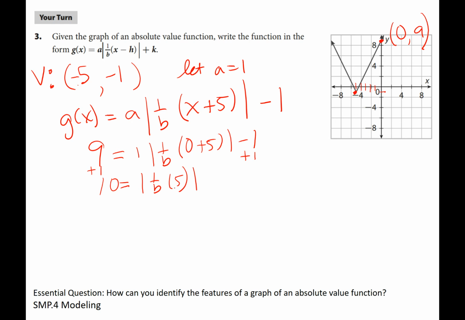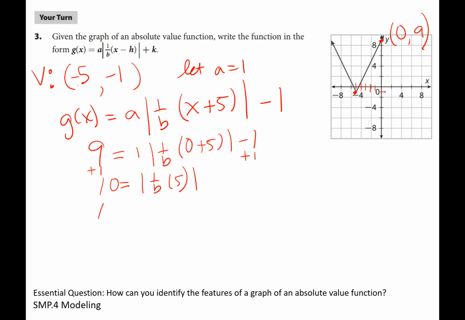Remember, when I come out of absolute values, I have to split that into two different answers, because of the b being on the inside.